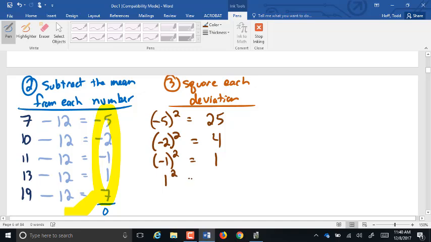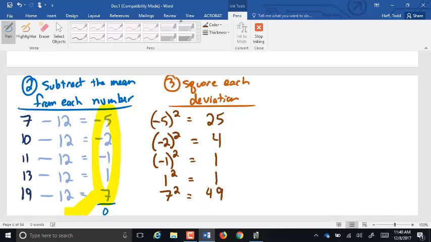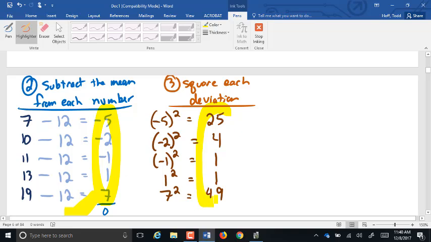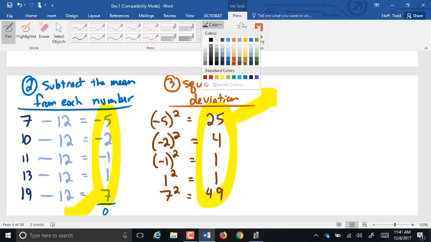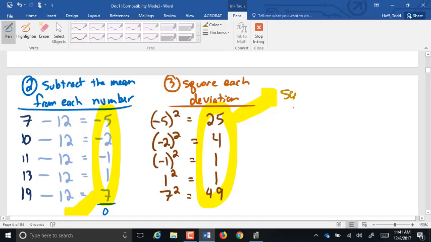Positive 1 squared is also 1. 7 squared, 49. Yeah. These are referred to as the, real creative name, the squared deviations, because they're the deviations squared.